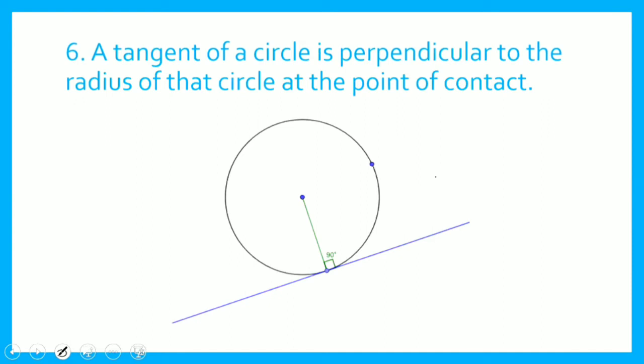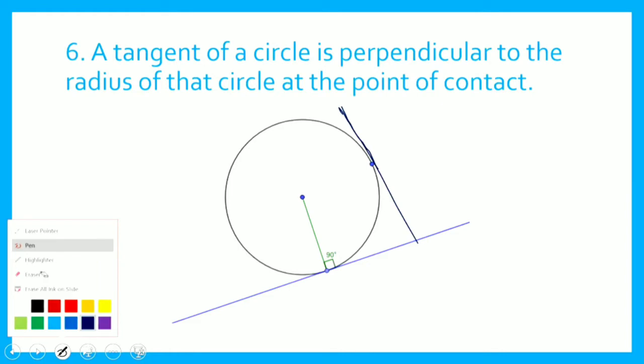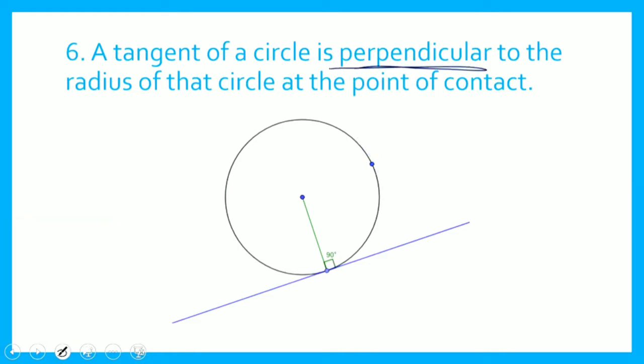Number 6, a tangent of a circle. The tangent is a line that touches the circle only once, and that's going to be at an outside point of the circle, clearly. A tangent is perpendicular, so clearly you start thinking 90 degrees, right angle, perpendicular to the radius of the circle at the point of contact.